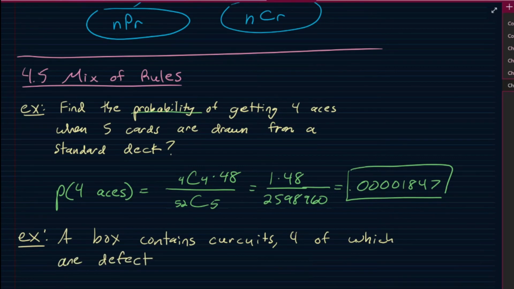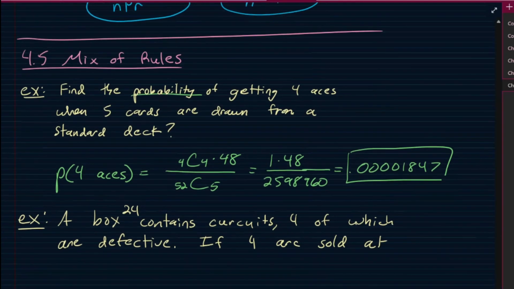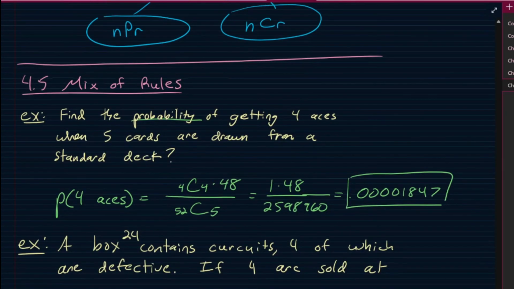If 4 are sold at random, oh, I forgot the number. I didn't write the number. It contains 24 circuits, 4 of which are defective. If 4 are sold at random, find the following probabilities.